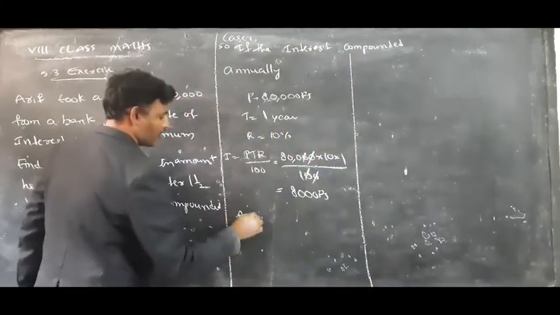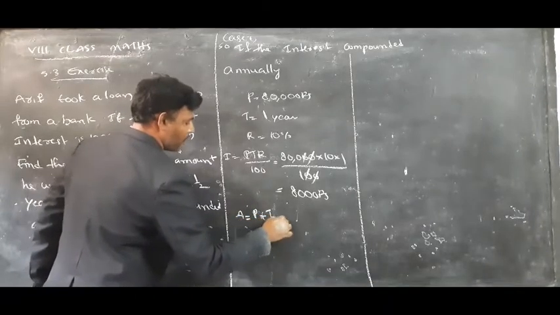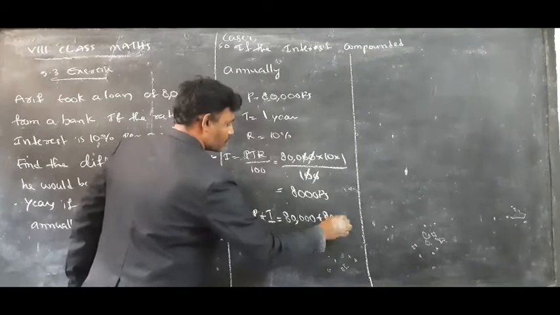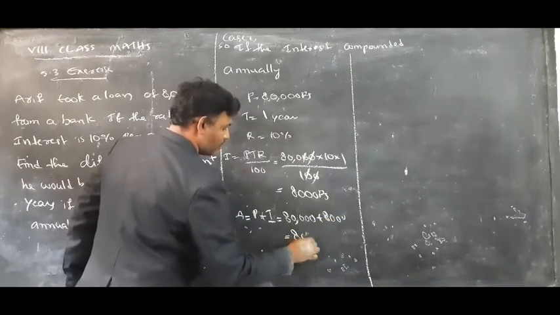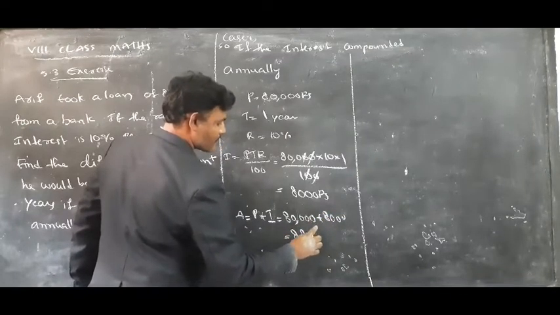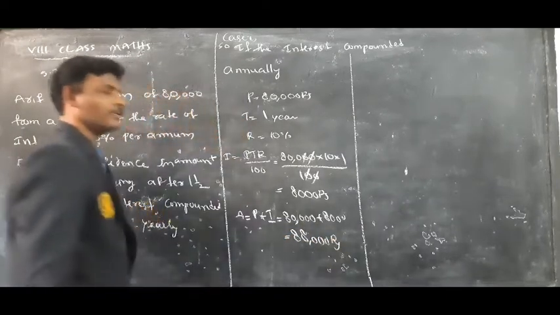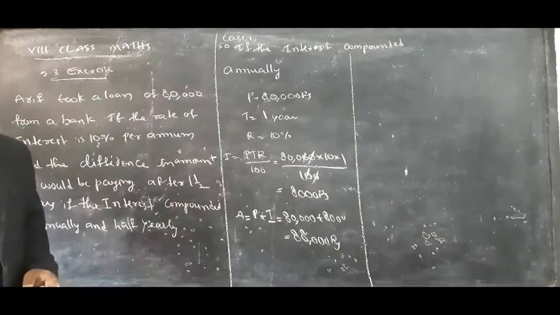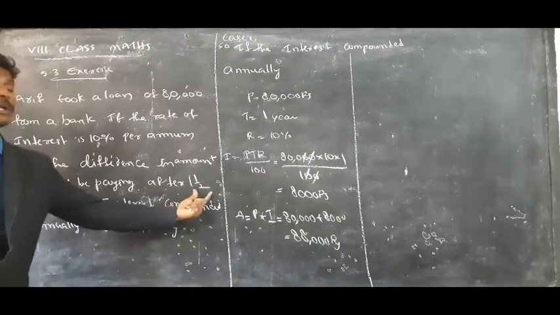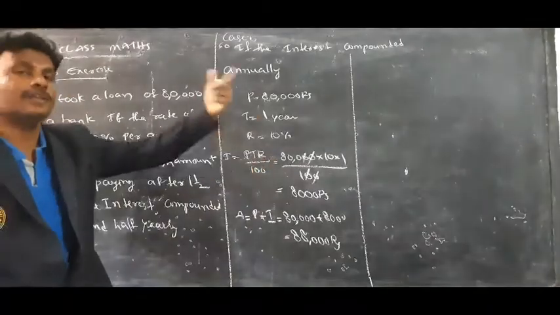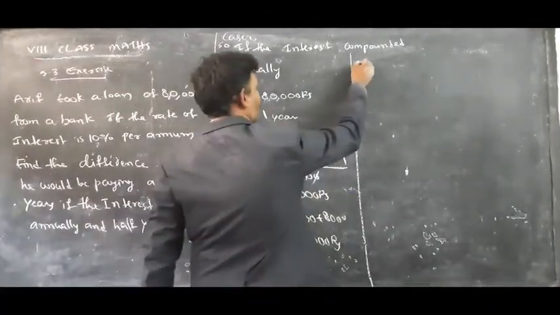Now A is equal to P plus I, which is 80,000 plus 8,000. So after 1 year, the total amount is 88,000. The total time period is 1.5 years, so 1 year is completed.